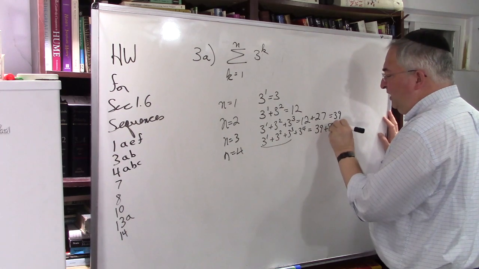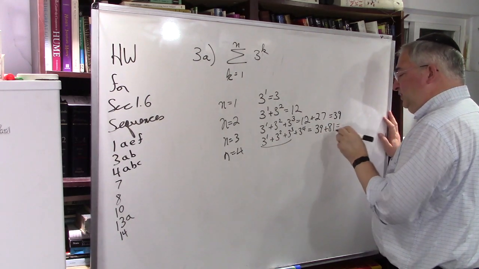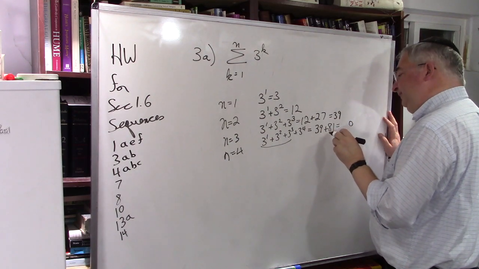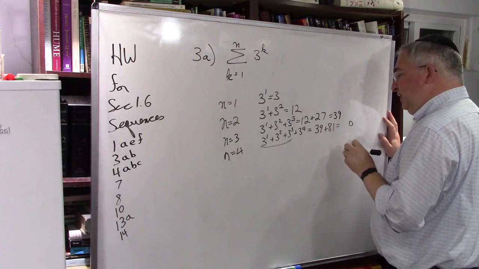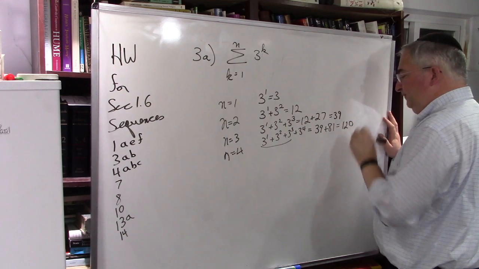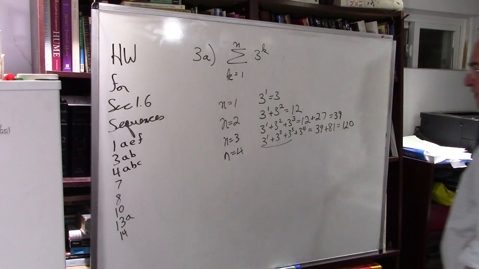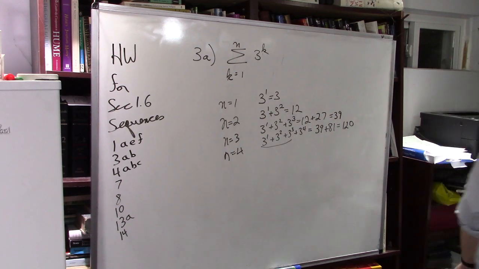So plus 81, is 120. Okay, sounds good. Next, 3b.